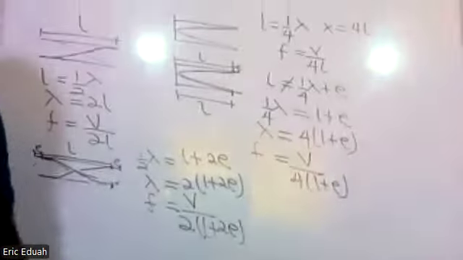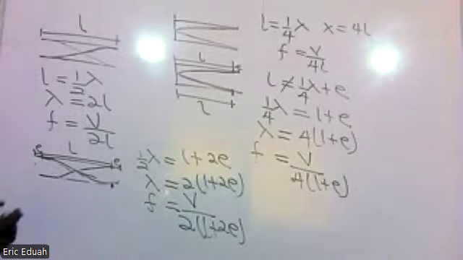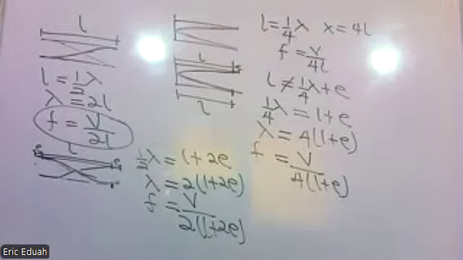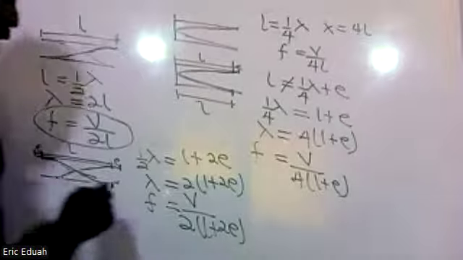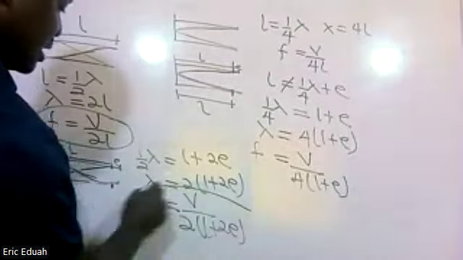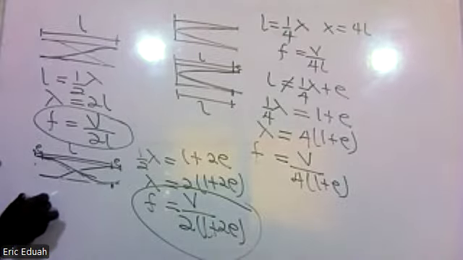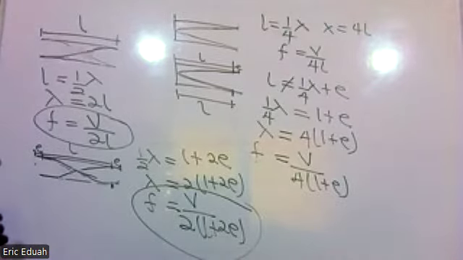So let's look at the difference. If there's no end correction, the fundamental harmonic is this. If there is end correction, the fundamental harmonic will be this. Okay. And in an open pipe, we know the harmonics to be a mixture of odd and even.